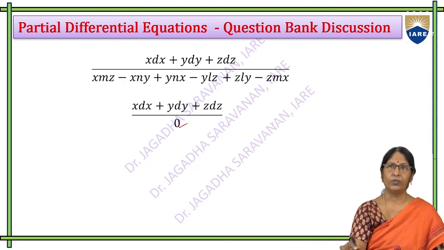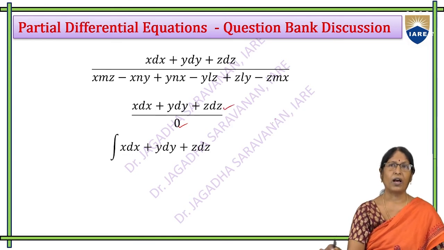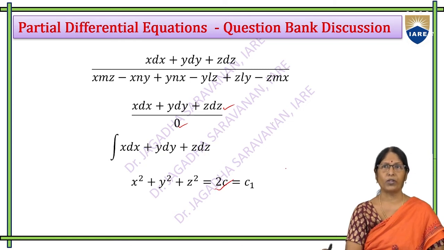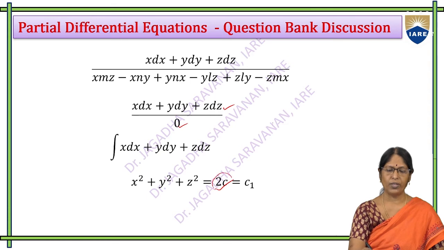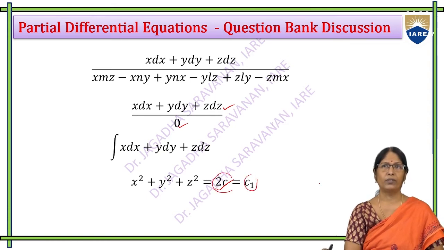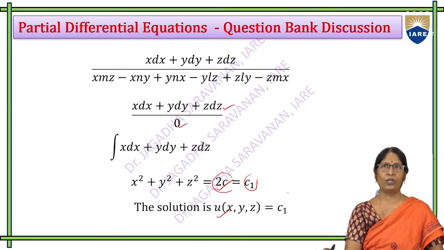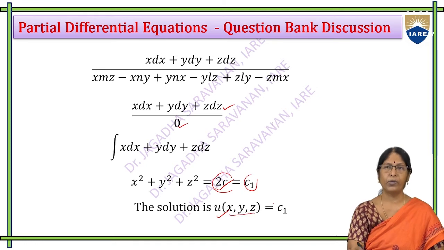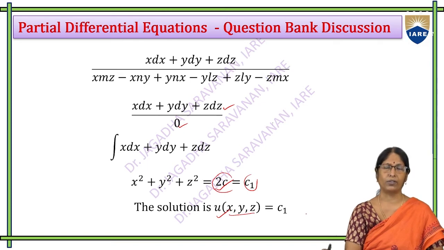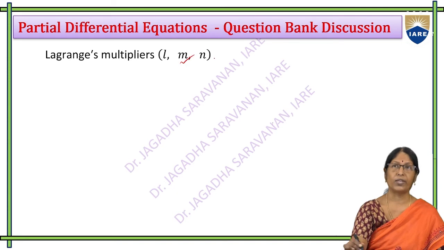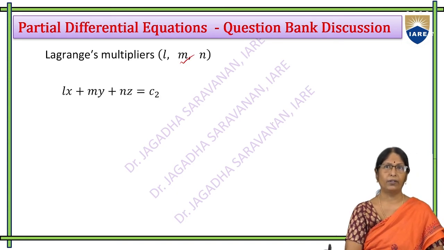So we obtained 0. For the numerator, we have to do the integration. After integrating, this is the result: x square plus y square plus z square equal to 2c, generally equal to c1, the first solution we obtained. So u of x comma y comma z, with all three members participating, is equal to the constant c1. One solution we obtained; one more is required for this problem. For that, we have selected l, m, n.